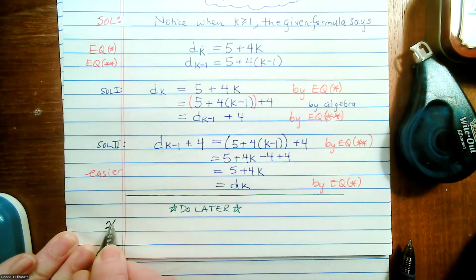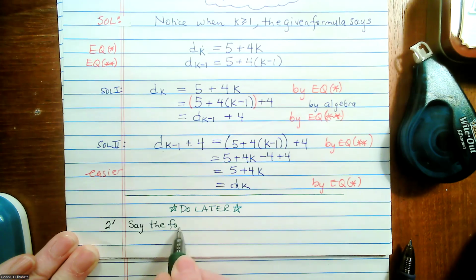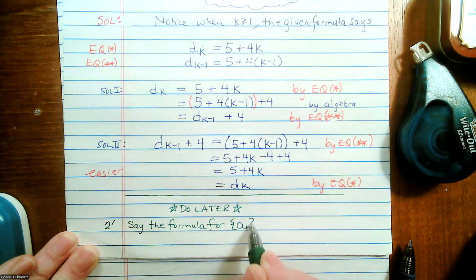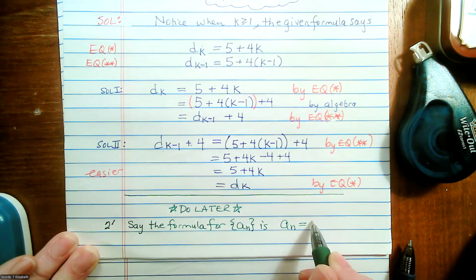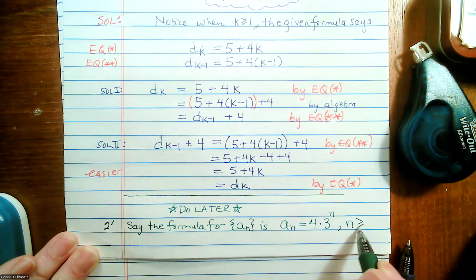I'll call this 2 prime. Say the formula for, I don't know, A sub n is that A sub n equals 4 times 3 to the n for n greater than or equal to 0.